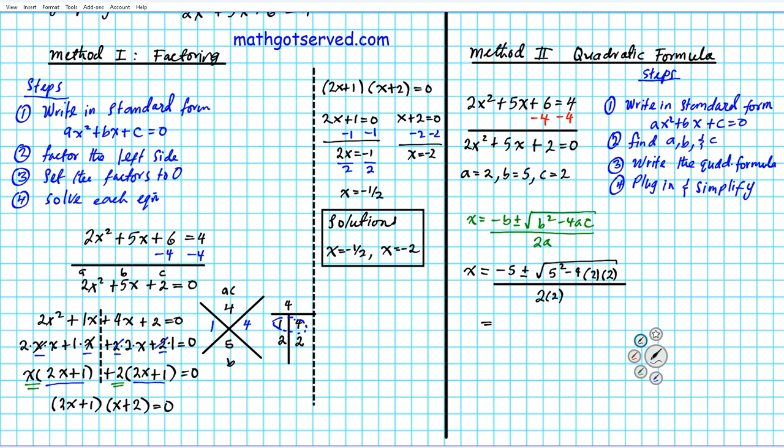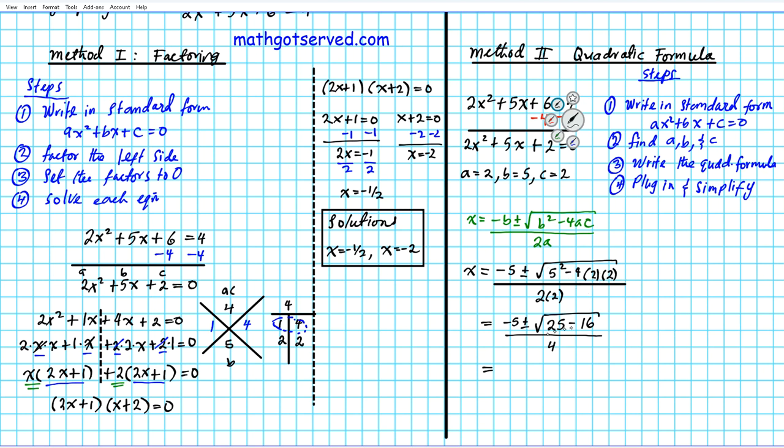Let's simplify that. So we have negative 5 plus or minus the square root of 25 minus 2 times 2 times 4, which is 4 times 4, which is 16. And then this over 2a; 2 times 2 is 4. And then we keep simplifying. Notice if you're using the order of operations, whatever is in parentheses, you simplify first. So this radicand is a grouped operation.